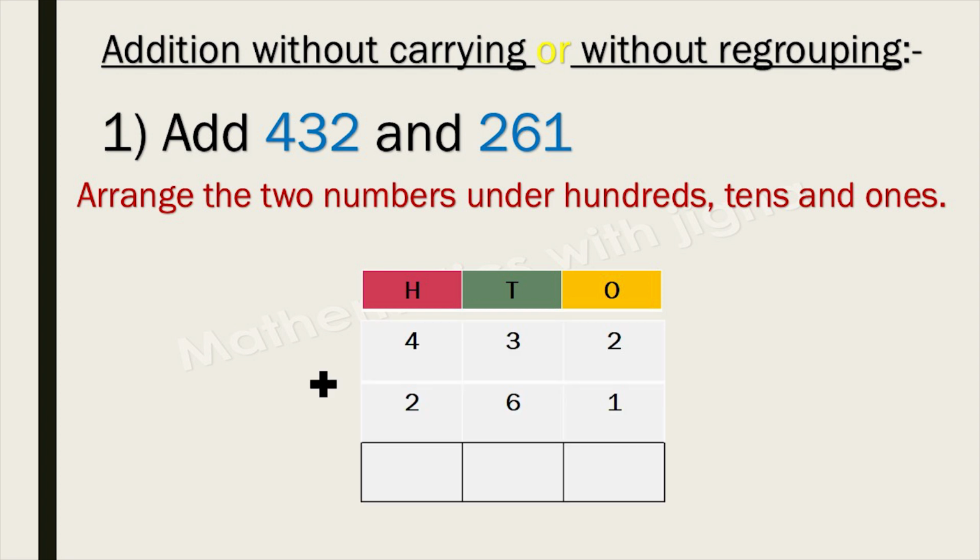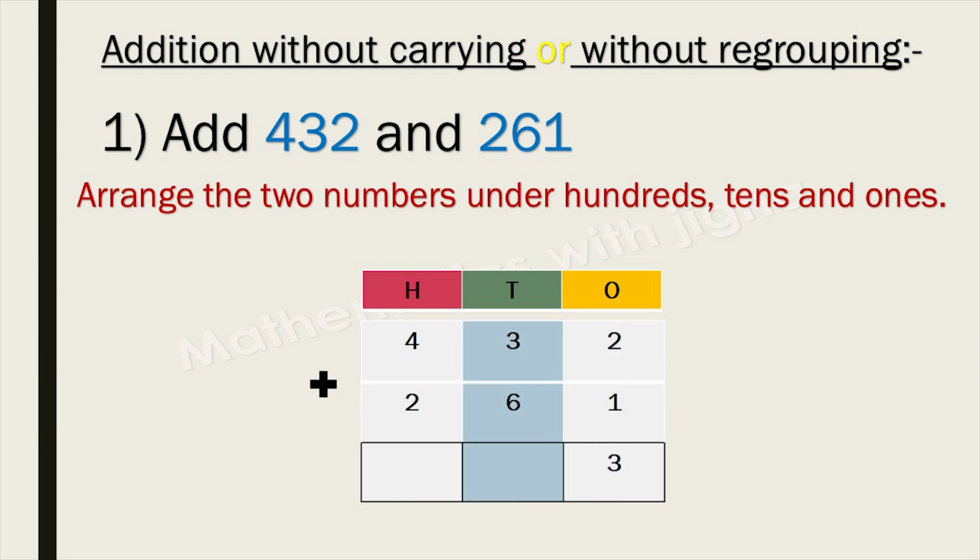in the place value chart. First, we add the numbers in the ones column. 2 and 1, we get the number 3. Write it in the ones place or ones column.